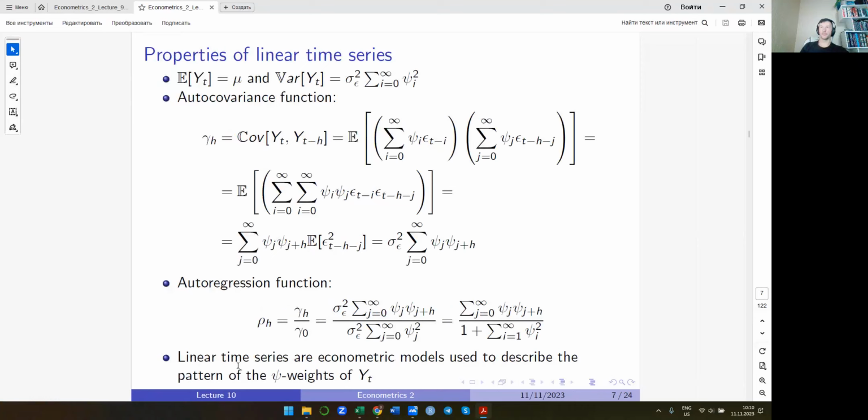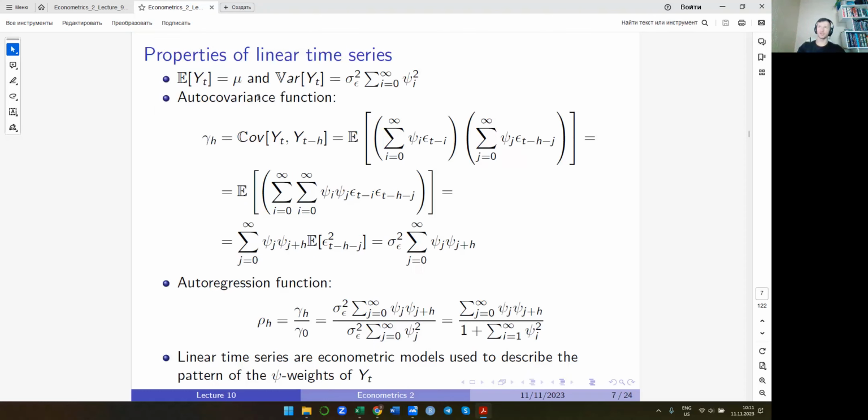When we build linear time series, those are econometric models that we use to describe the pattern of psi weights of yt. So you see why we are talking about linear models and why we want to introduce this white noise concept: because in this case, all the properties and characteristics of the series depend on the psi's, and depending on their values, covariance, autocorrelation, and variances change.